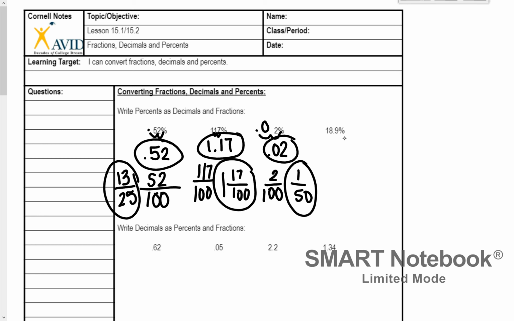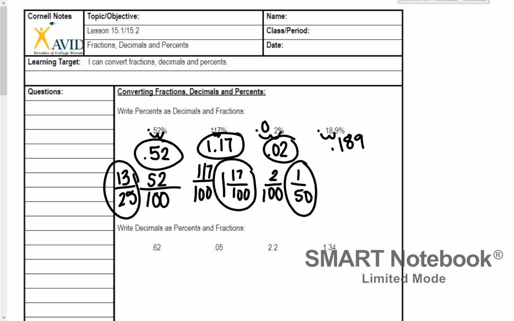18.9%. Just because there's a decimal already in there does not mean that we don't convert it to a decimal. Right now that's 18.9%. We want it just as a number, which is moving it 2 to the left. This becomes 189 thousandths. Now when we make this into a fraction, we can use the decimal as I just said, 189 thousandths.